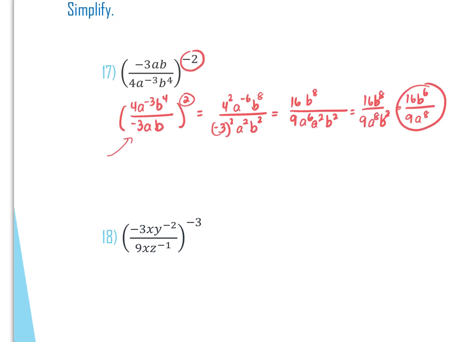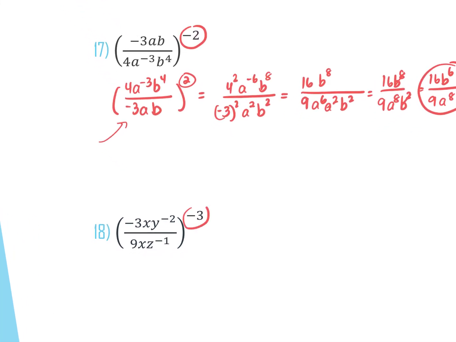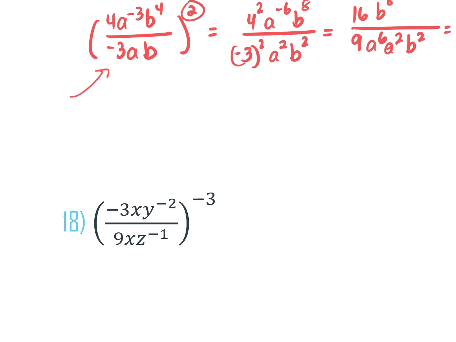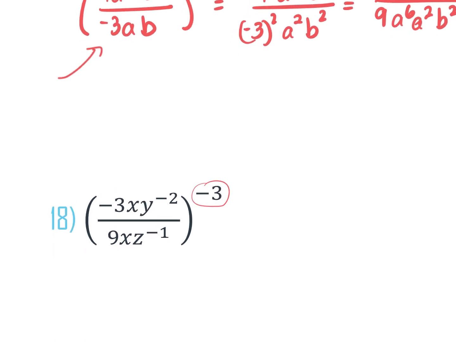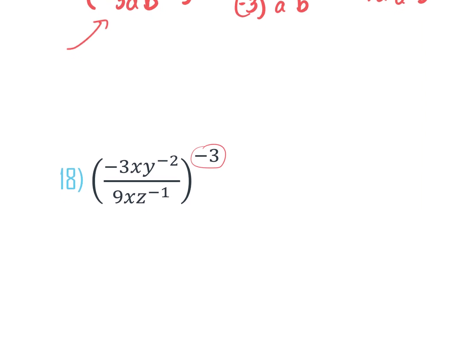Another way to do it is to basically distribute the negative exponent to everything and not really flip the fraction. It's not my favorite method, but it's kind of similar. Now, what I would do prior to doing this is I would simplify within the parentheses if I can. And notice I have negative 3 over 9.